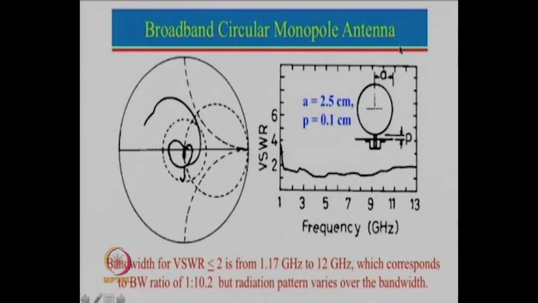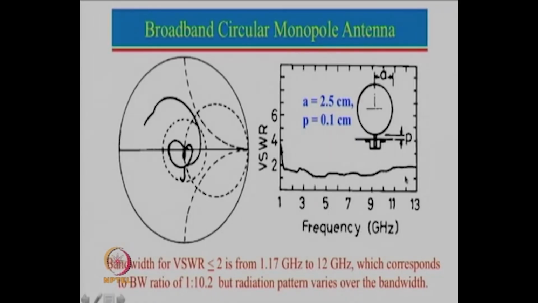In fact, I just want to mention, this particular paper we saw almost 15 years back, where they reported a circular dish, only a circular plate, which was fed by a coaxial connector through a finite ground plane, and they reported a very large bandwidth, but they had not given any explanation why it is happening so.